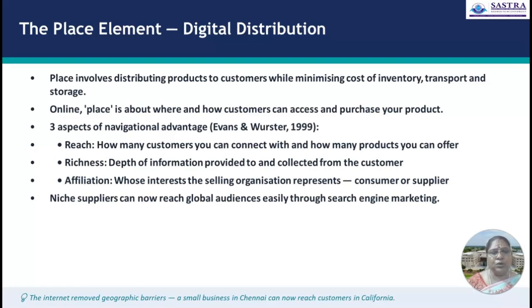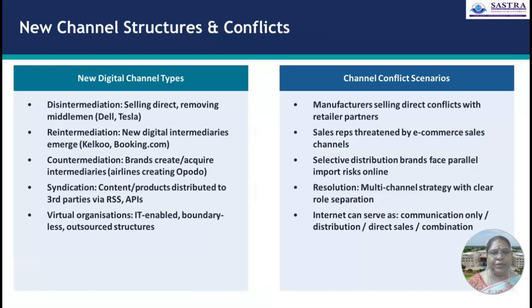Let me go to the promotion element. What are the promotion elements? It involves communicating with the customers to inform them about the products and assist them in buying decisions.